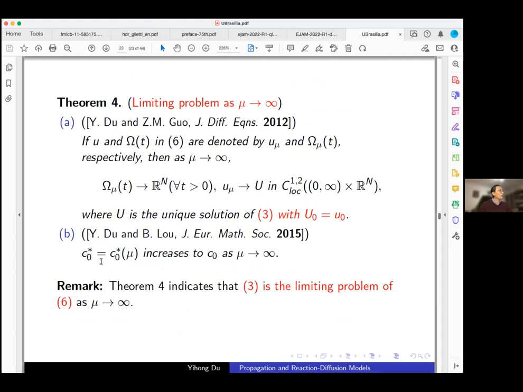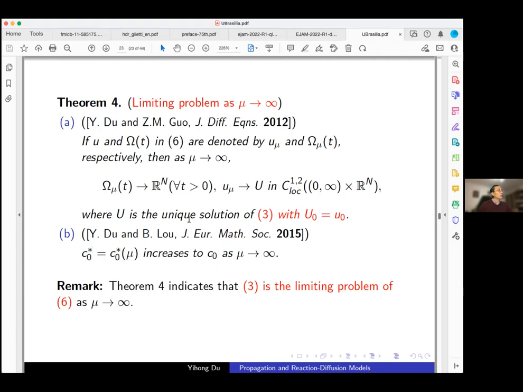And the speed as well: the new speed C0 star converges to the speed C0. As mu goes to infinity, this increases to C0. That means for finite mu, C0 star is less than C0.